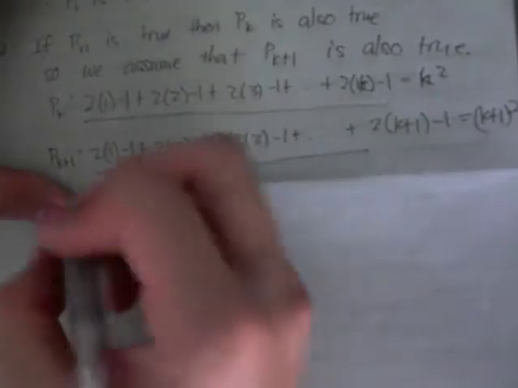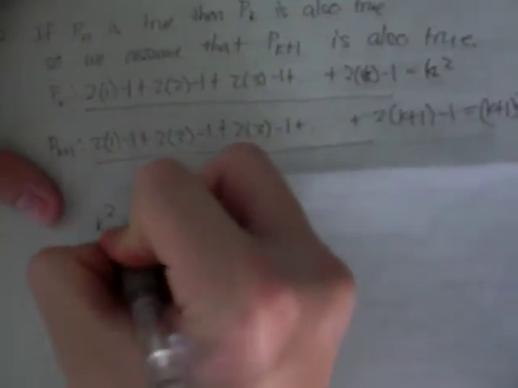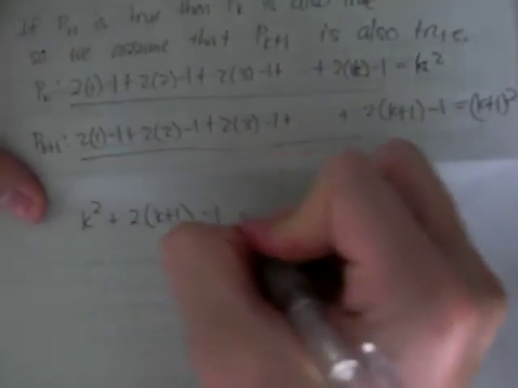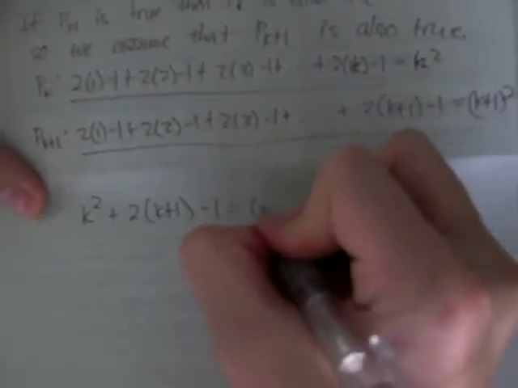Since we can see that the first few terms of Pk plus 1 are equal to Pk, we can use the transitive property to substitute. So we get k squared plus 2 times k plus 1 minus 1 equals k plus 1 squared.